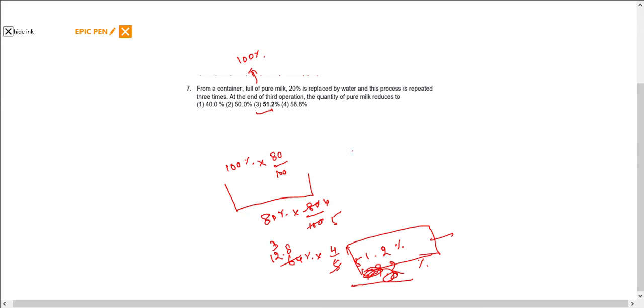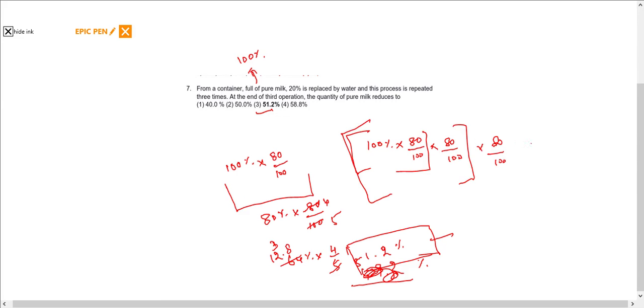We can simply do it like this. For example, I have 100% and I'm removing 20%, so what's going to be left behind? 80%. During the first operation 80% of this is going to be left behind, and during the second operation 80% of what is left behind after the first operation is going to remain, and in the third operation 80% of that is going to remain.